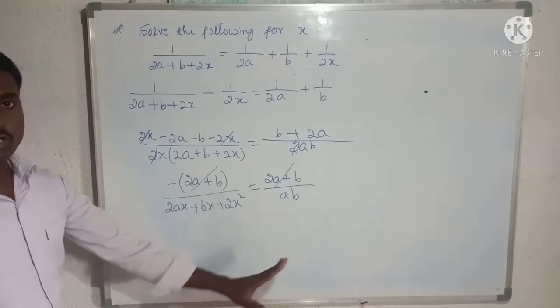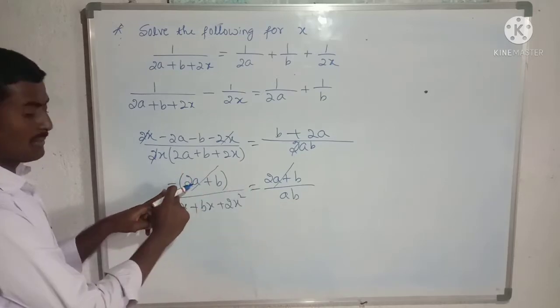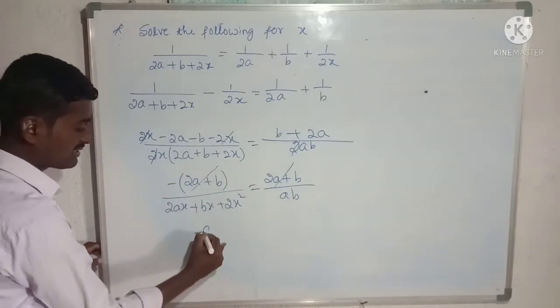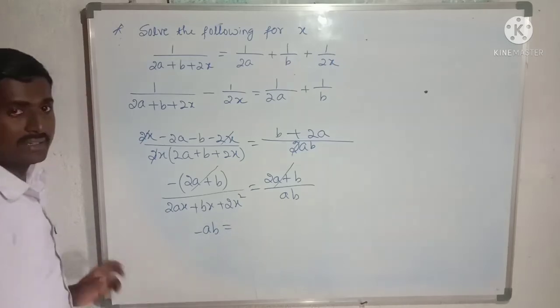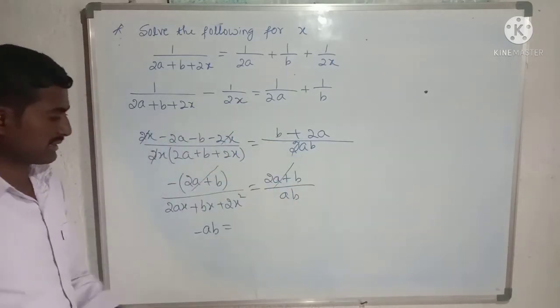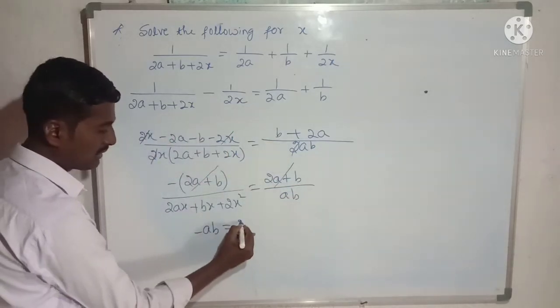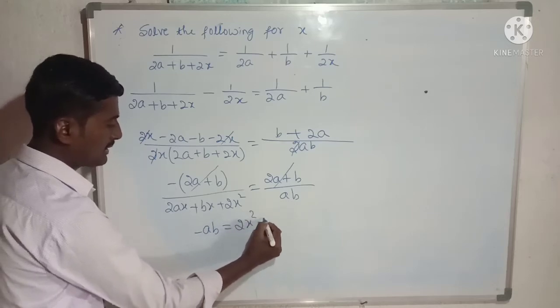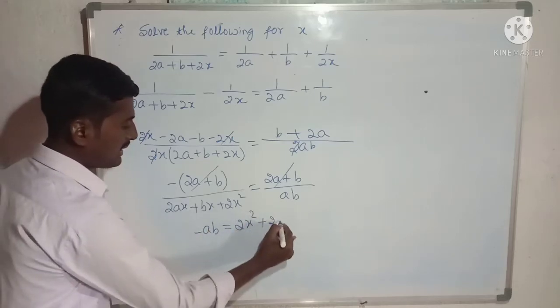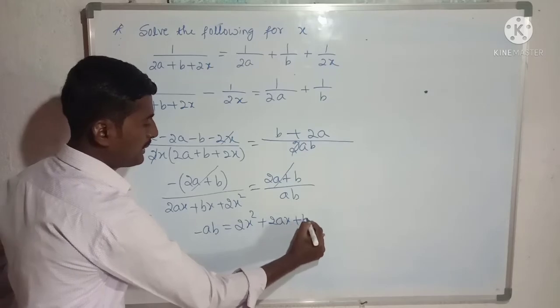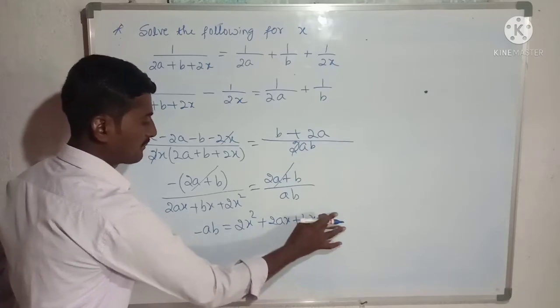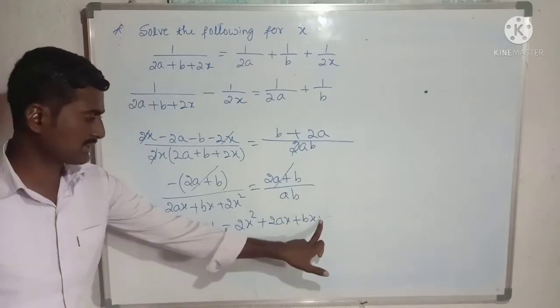Now let us make cross multiplication. This will come this side, it will become minus ab, right? Now this goes to numerator, so means right side. Now remember, 2x square plus 2ax plus bx is equal to, 2ax plus bx.